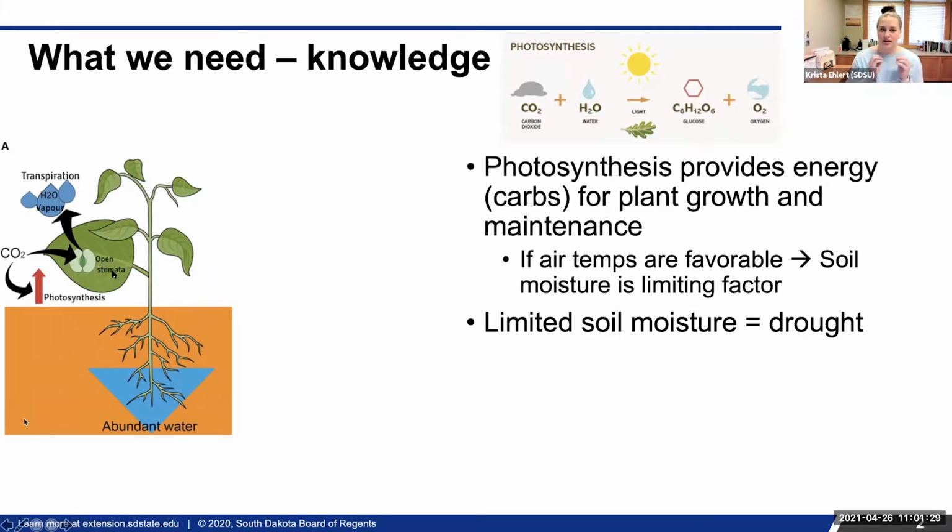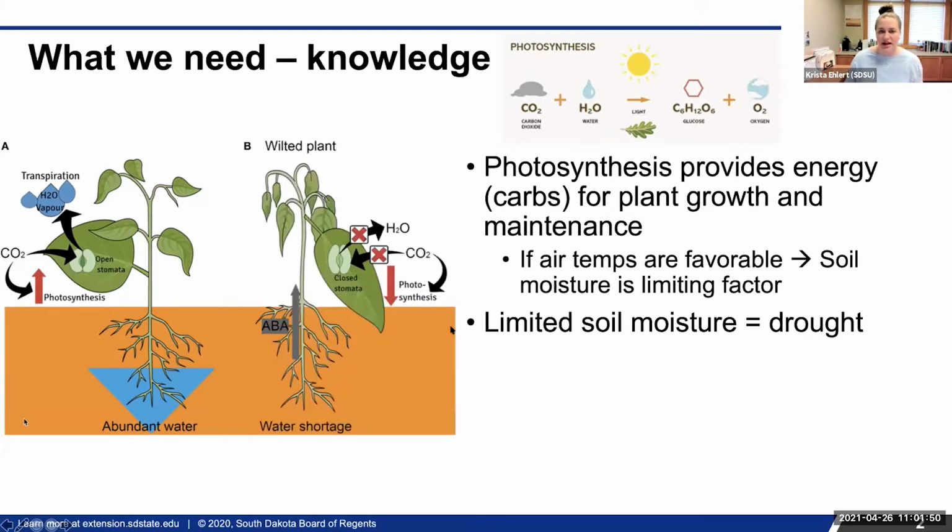The stomata you can think of as little pores on the leaf surface. Those stomata allow for the exchange of CO2 to come in for photosynthesis to occur and for transpiration, or the release of water vapor from the plant, to also occur. So if those two can occur, then photosynthesis will occur in its natural state.